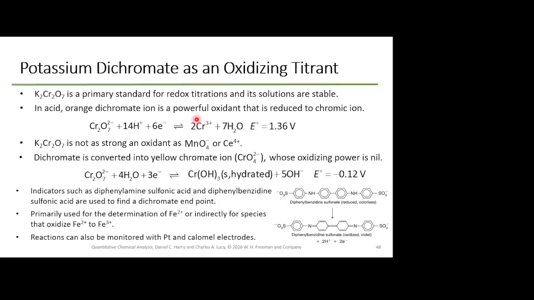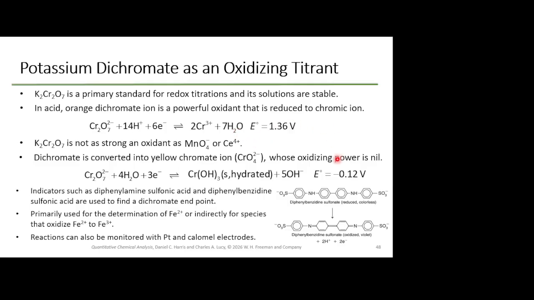Okay. The hexavalent chromium is the one that's toxic and oftentimes gets misunderstood as being this, which is the 6 plus. This is not as strong of an oxidant as the Ce4 plus or potassium permanganate. It will be converted into yellow chromate ion.